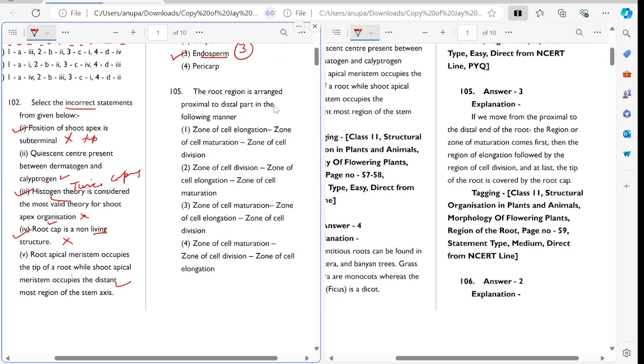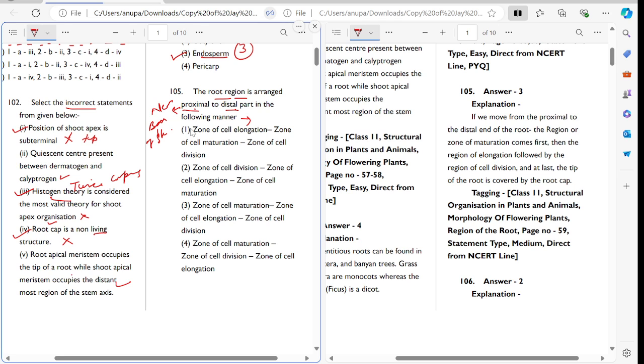Now let's move to the next question, that is question number 105. Question number 105 states that the root region is arranged proximal to distal part in the following manner. We have to arrange the root regions from proximal to distal part. Proximal part means the part which is near to the base of the stem.